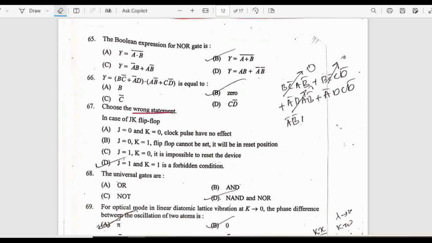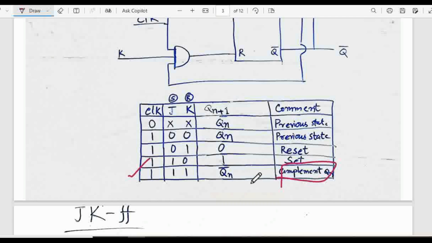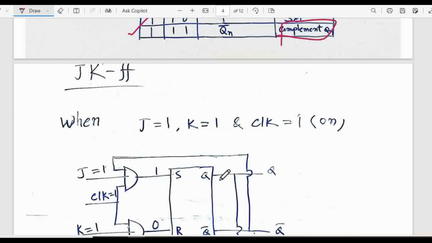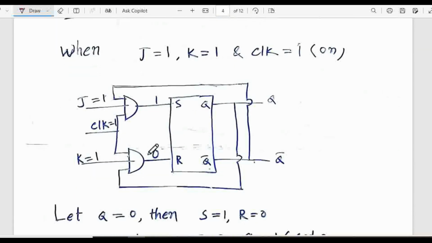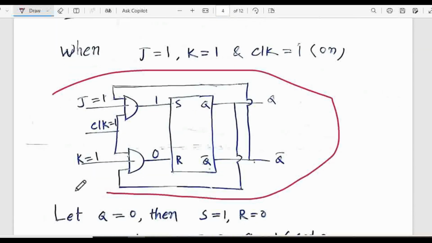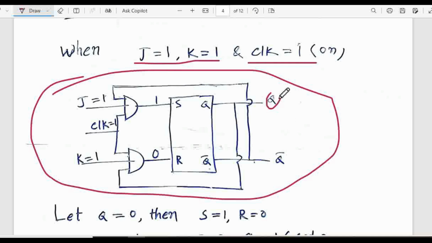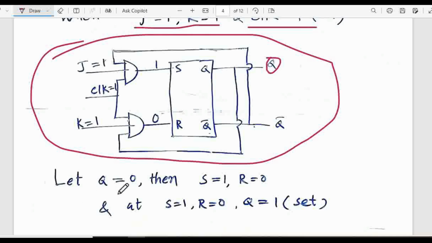So how can you know that this is a complement of the previous state? For that, you see this is the logic diagram of a JK flip flop. So when j equal to 1, k equal to 1 and clock is on, let's suppose this Q means the previous state, and let Q equal to 0.